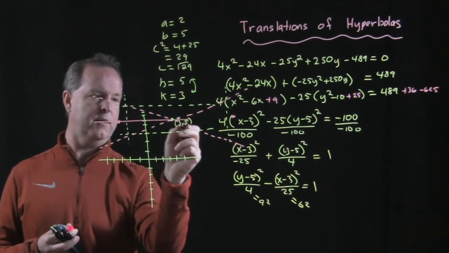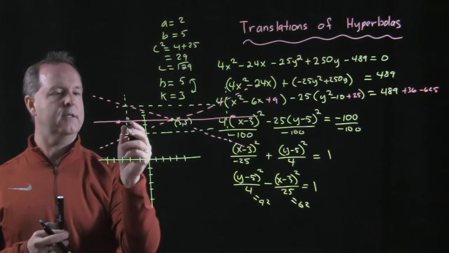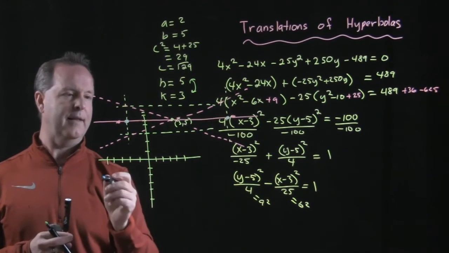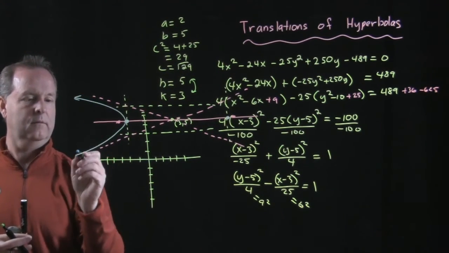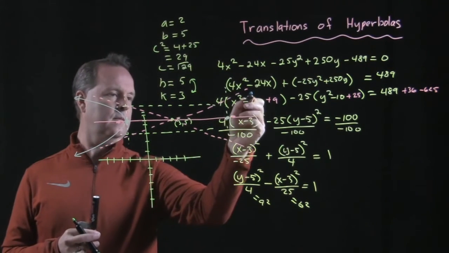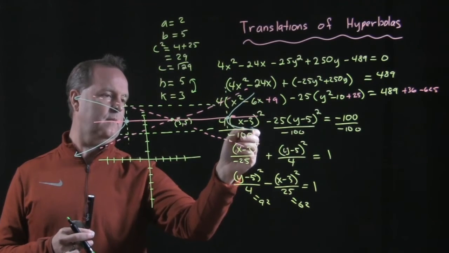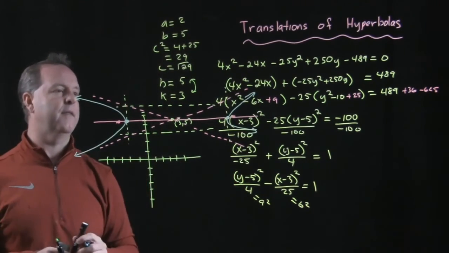Our new transverse axis is right there, and our vertices. And then from there, we're able to go ahead and graph. Yeah, that one got kind of messy over there, but it's a reflection about there.